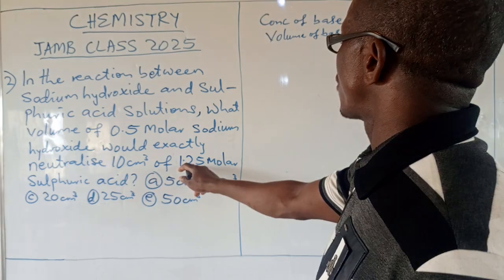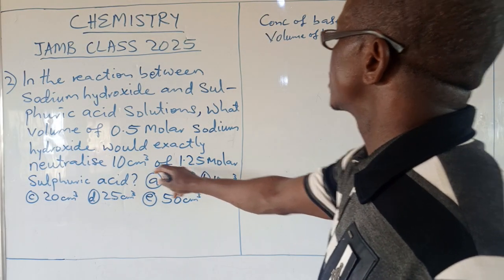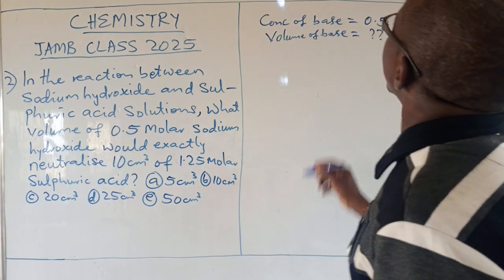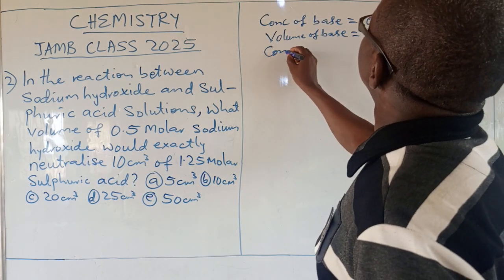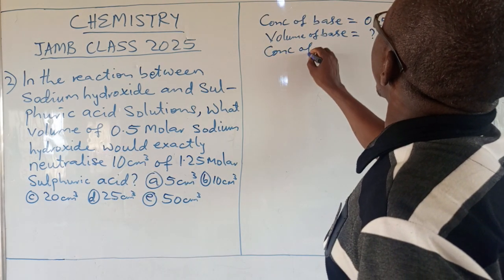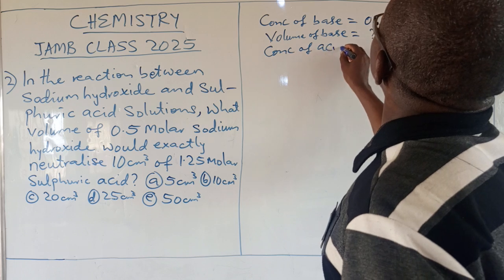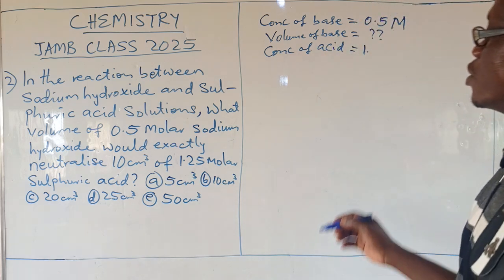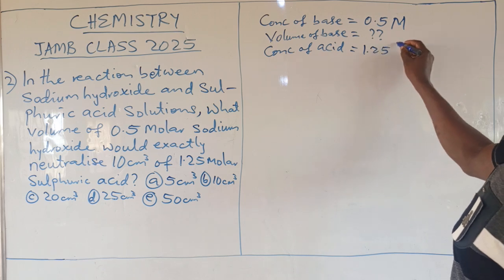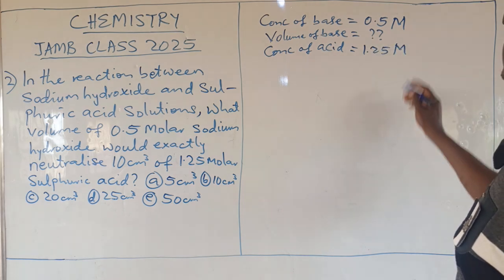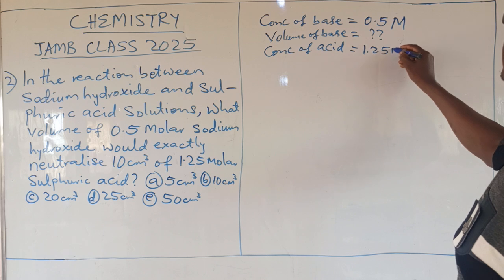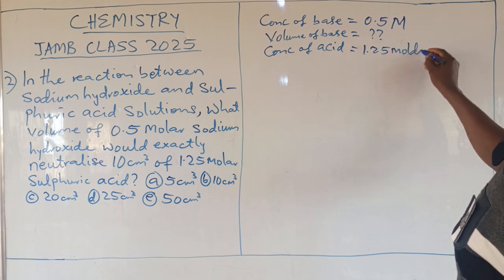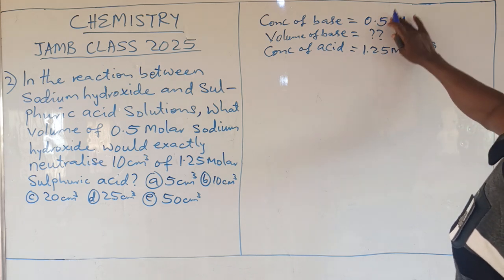This is for acid, concentration for acid, volume for acid. Concentration of acid equal to 1.25 mole per dm cube. Let me use mole per dm cube.